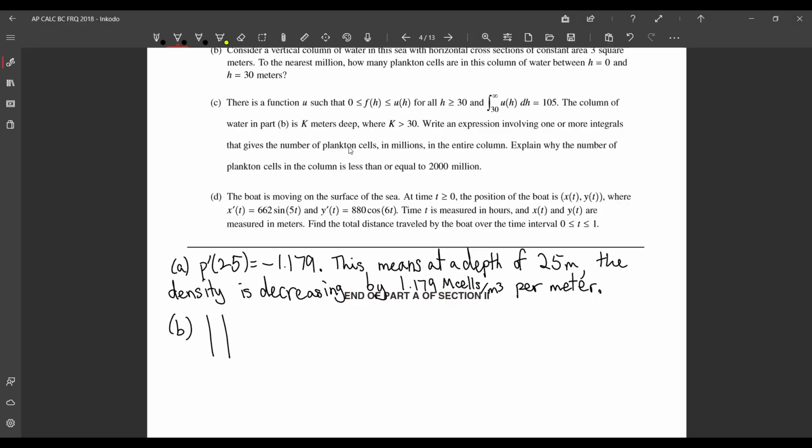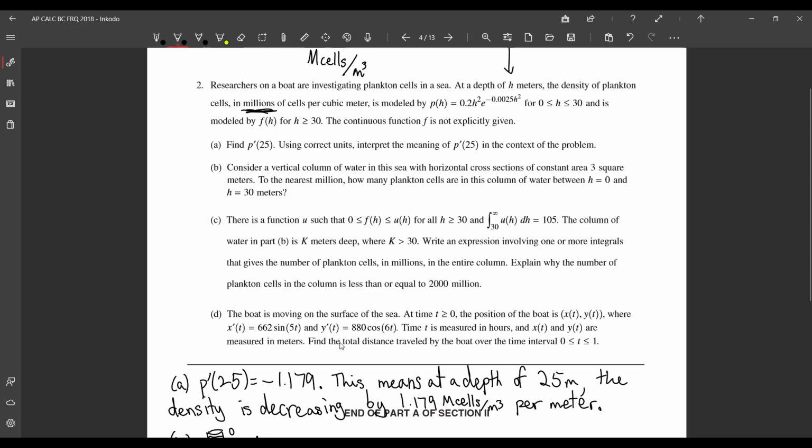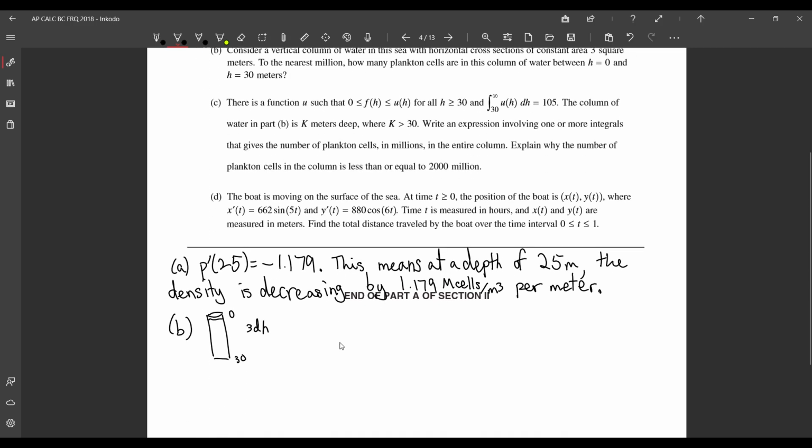Here we have some column, just going from 0 to 30, and we split it up into tiny cross sections. The volume of one of these cross sections is going to be 3 meters squared times the little length of the strip, so 3 dh.